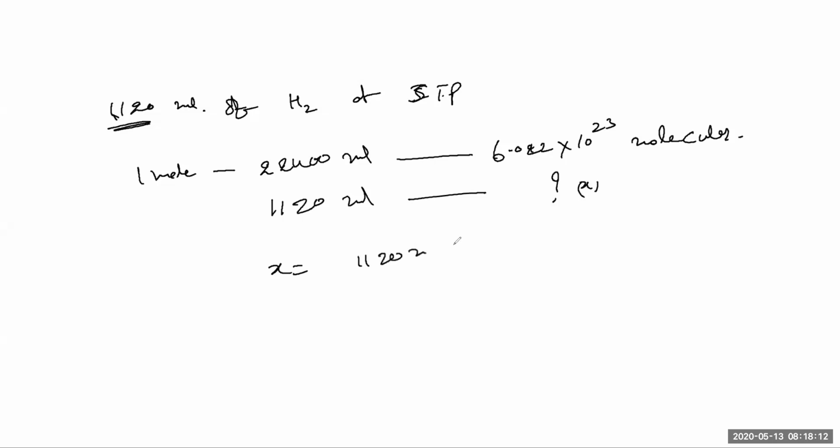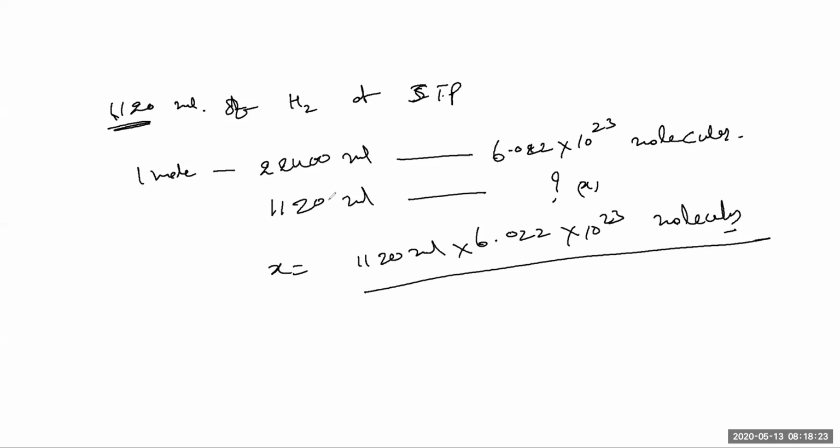Therefore, X is equal to, applying the cross multiplication and division formula, 1120 ml into 6.022 into 10 power 23 molecules, divided by 22,400 ml. Here ml cancels. Here the zeros cancel. 112 goes into 2240 how many times? 20 times, right?